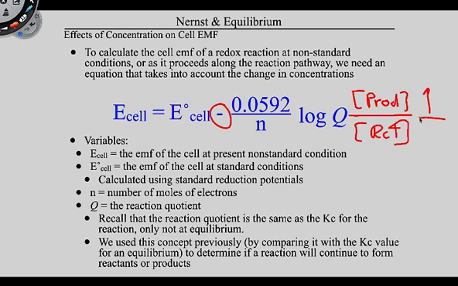What happens to the concentration of reactants? It goes down. So now, let's have a little logarithm conversation. As the numerator goes up and the denominator goes down, what happens to the value of this fraction? It increases, right?